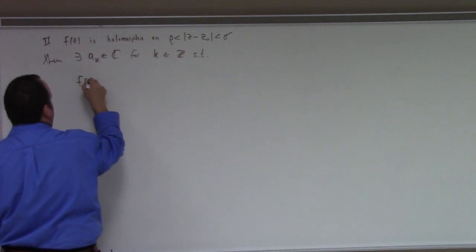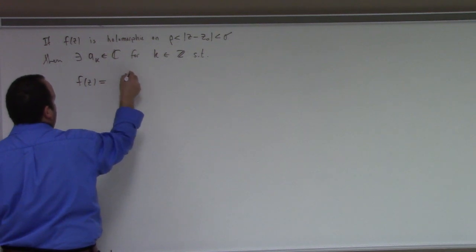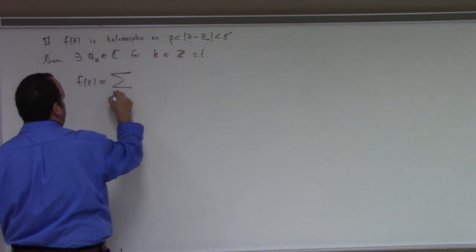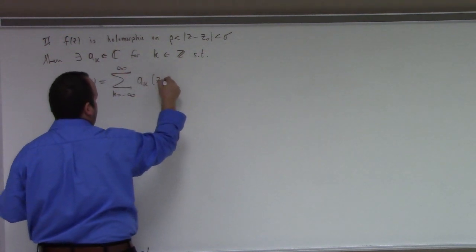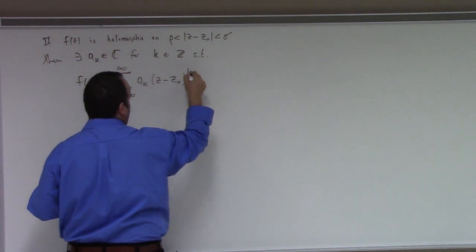Such that f of z is equal to the sum from k equals minus infinity to infinity of a sub k times z minus z naught to the k, right?